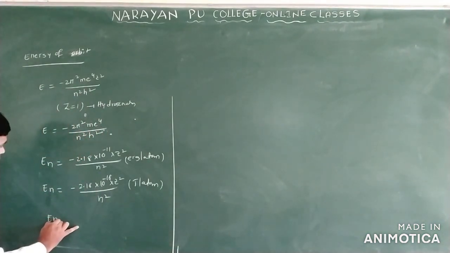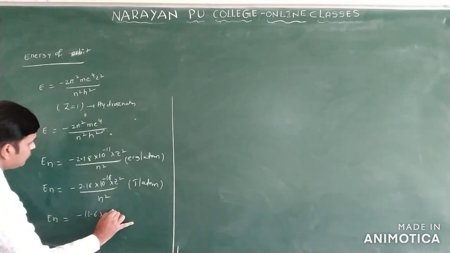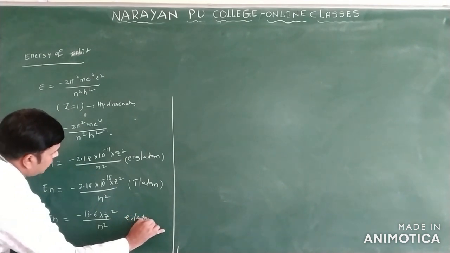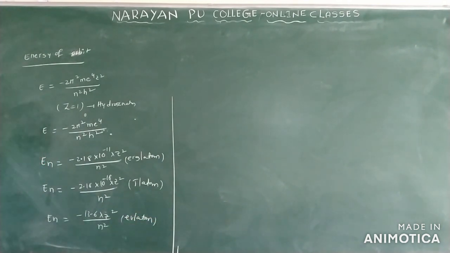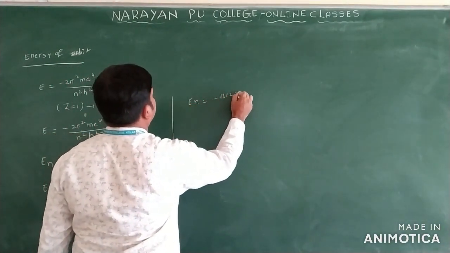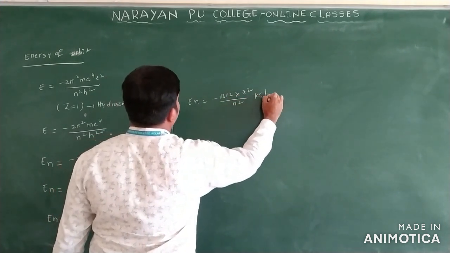En is equal to minus 13.6 into z square by n square, electron volt per atom. One more value, En is equal to minus 1312 z square by n square, kilojoule per mole.